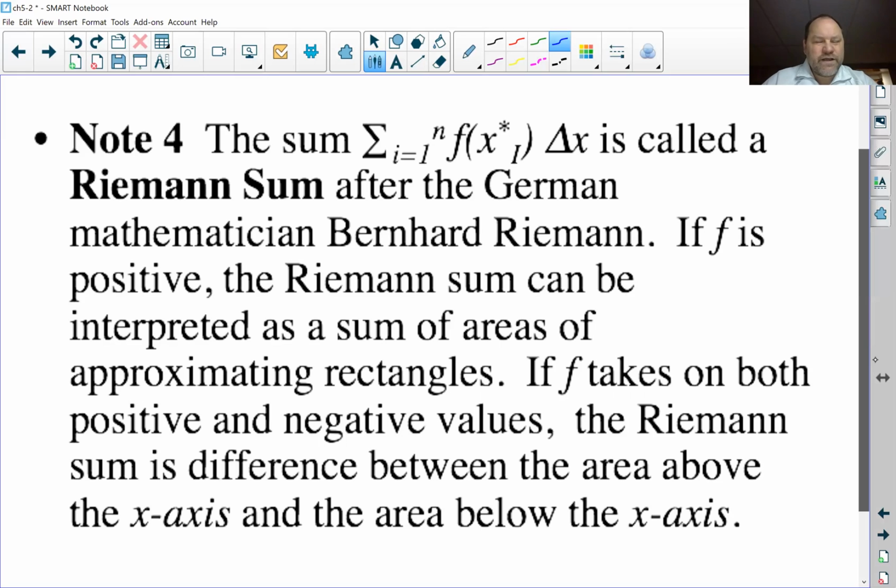Normally, if we're using rectangles to approximate that, and the height of our rectangle is our function value, the negative area, so to speak, is taken care of because f of x would be a negative value. So normally we don't have to really worry about it unless we were just told, hey, here's some values, find the sum. And then we'd have to be careful on what is above and what is below the x-axis.